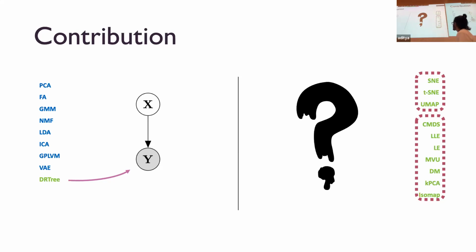The bottom set of algorithms like multidimensional scaling, Laplacian eigenmaps, and so on are quite different in the sense that what they do is they first set a PSD matrix M to be some function of the data. This matrix M is usually some kind of data similarity matrix, like a covariance matrix or graph Laplacian or something like that.